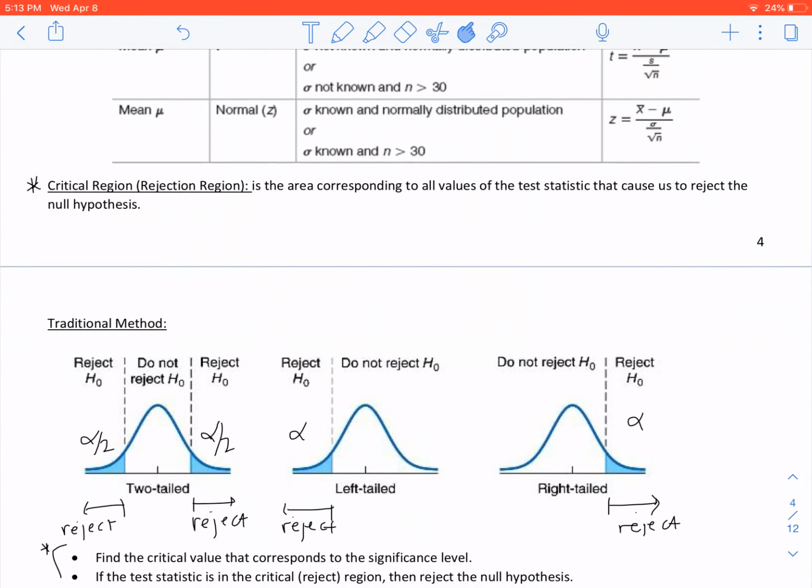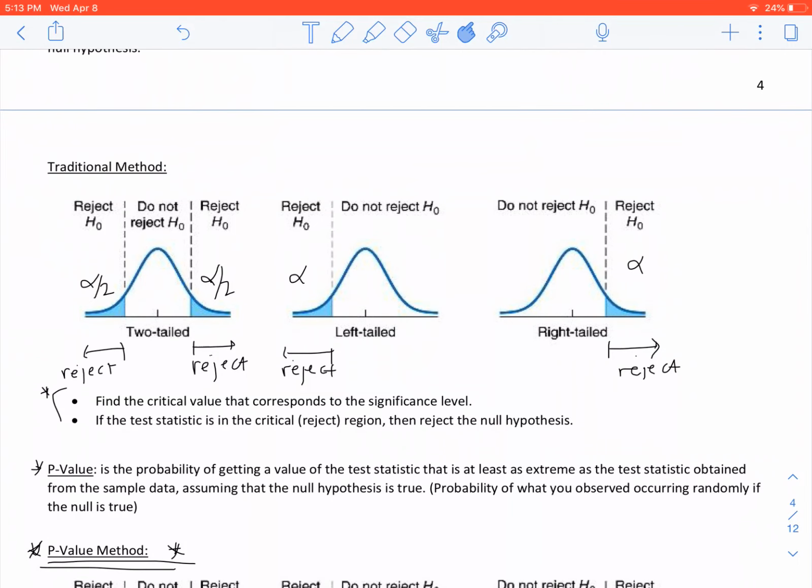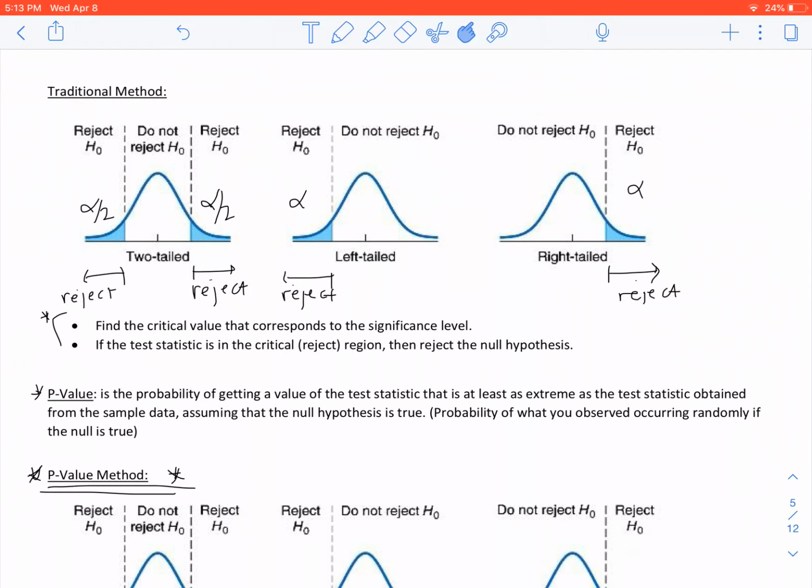To the next page, we have different methods of doing the hypothesis test problems. The first one, which is not the main focus, is the traditional method. And this is where you would find the critical value. Again, we are using our calculator, and you're going to have a test statistic.